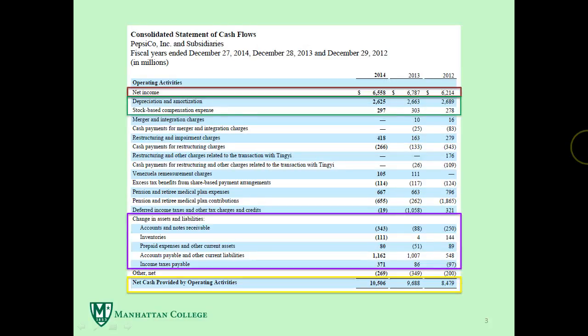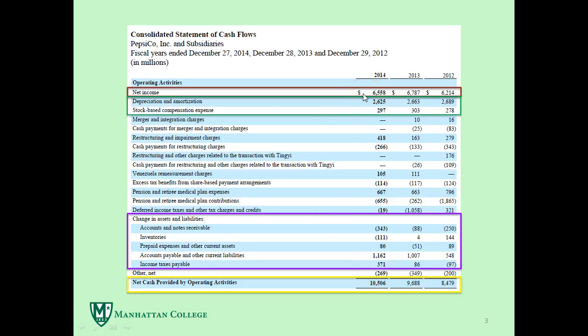If we look at the consolidated statement of cash flows, the most important section is cash flows from operating activities, which is summarized at the bottom in 2014 as $10.5 billion. Note that PepsiCo, like most companies, uses the indirect method.